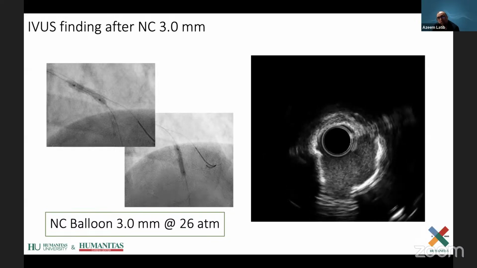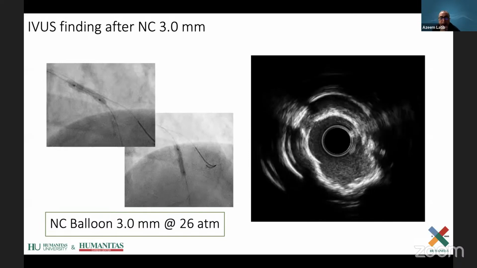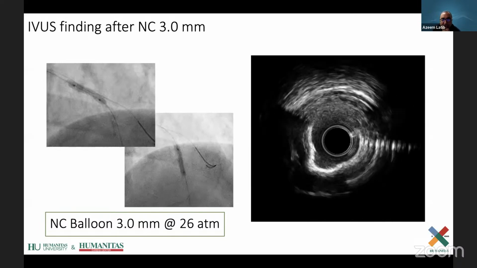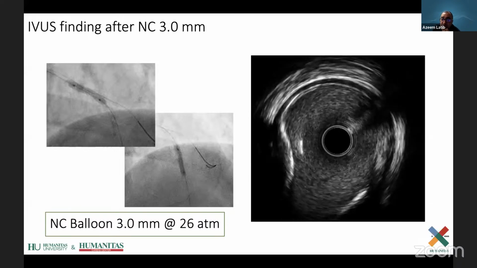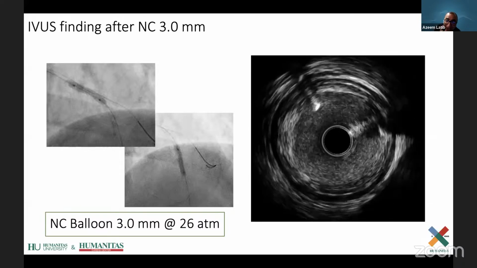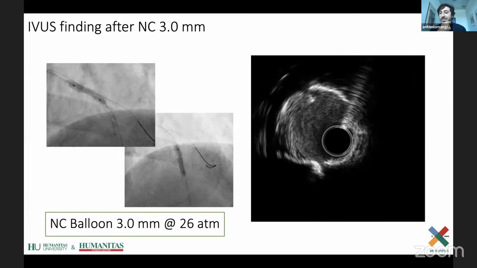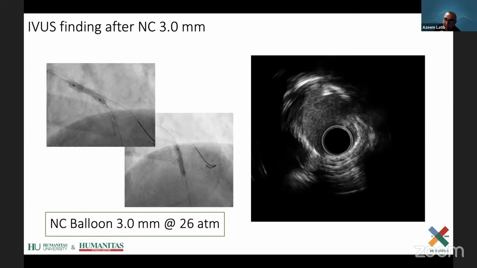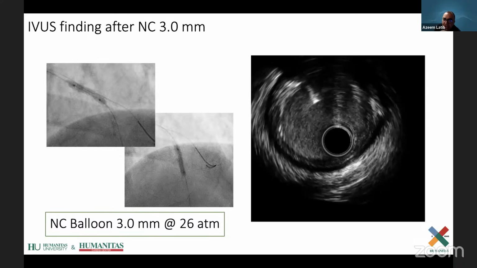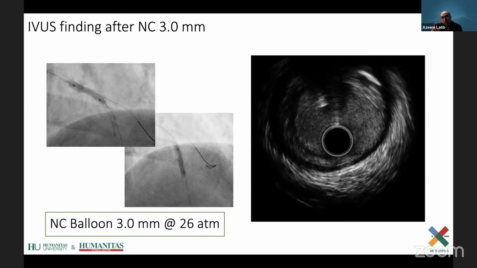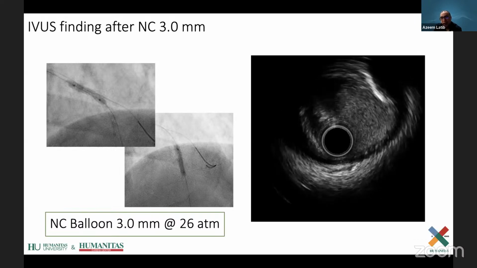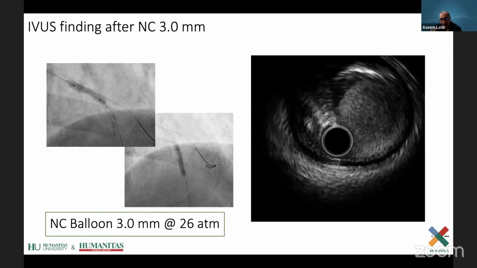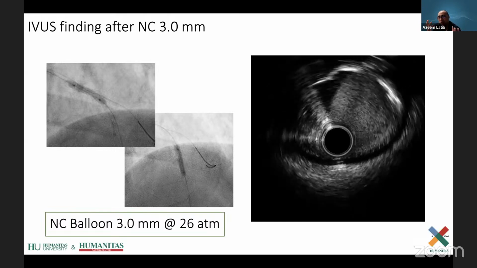Yeah, I mean, we published on it as well, from our center, atherectomy plus shockwave versus shockwave alone. In the atherectomy plus shockwave group, there were higher rates of complications and higher mortality as well, which was interesting. I don't think the mortality was specifically related to the procedure, but the fact that the patient needed both modalities meant they had so much calcium, and it identified them as high risk patients.